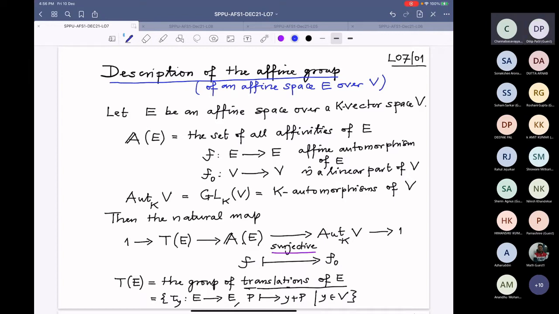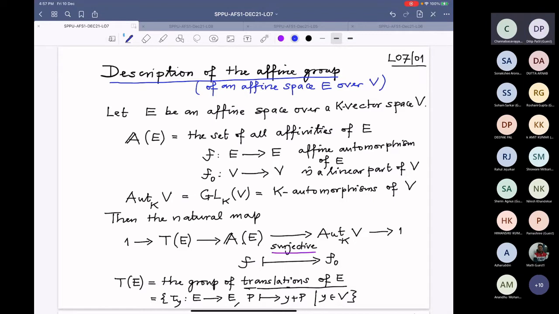So same philosophy. We have an affine space E given, and we have defined the set of all affinities, and then we got this group, which we call the affine group of E, and this group is closely related to two things.